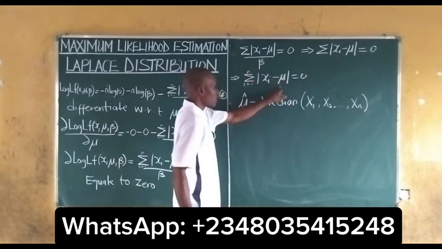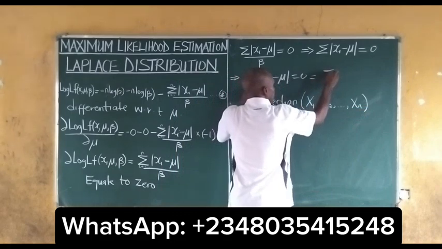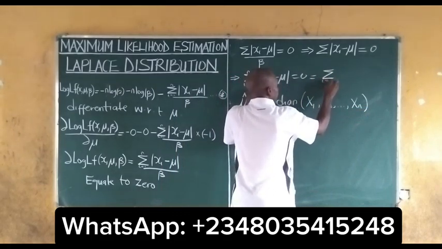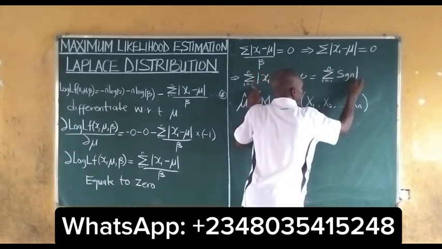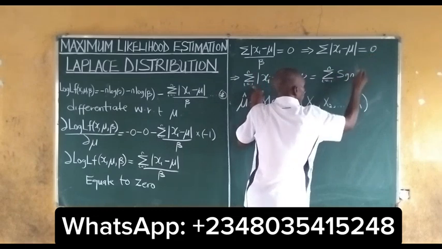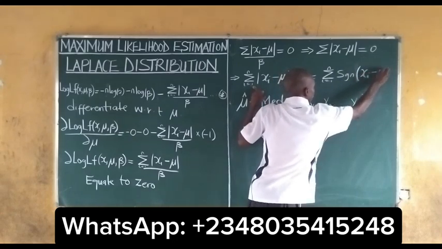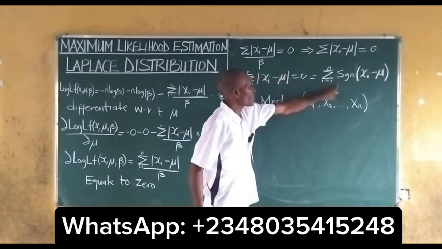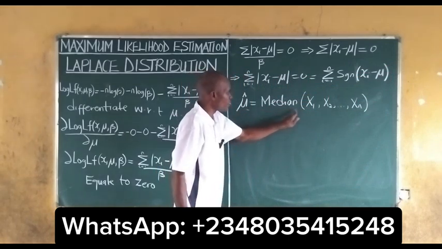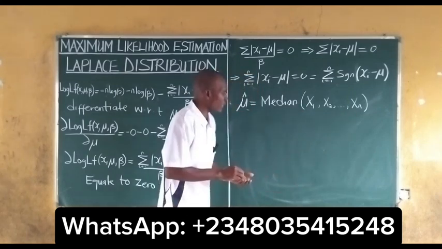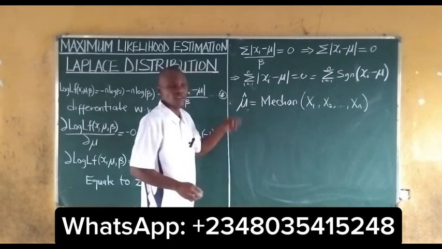So this equation is satisfied when we know that this can be written as the sign of xi minus mu. So this equation is satisfied when mu estimate is equal to the median of the data that is given. So this is how we can get the estimate of mu.